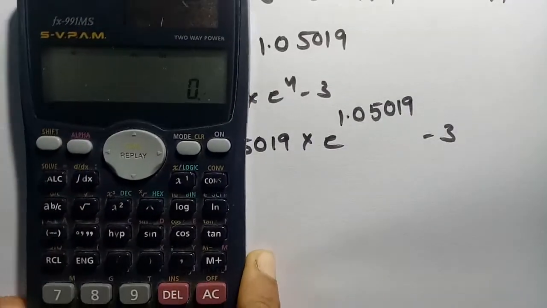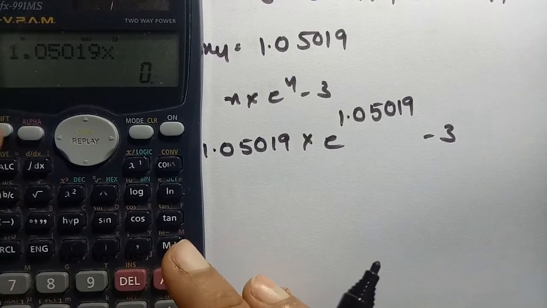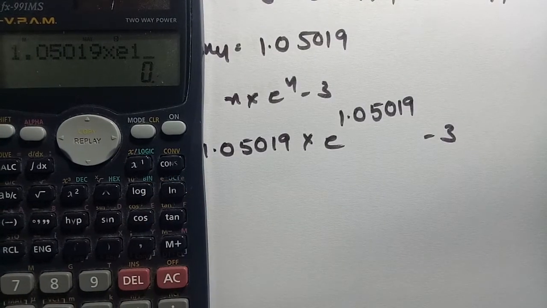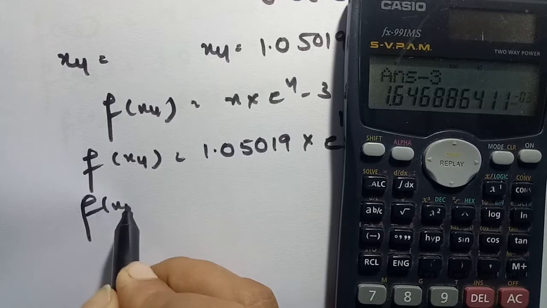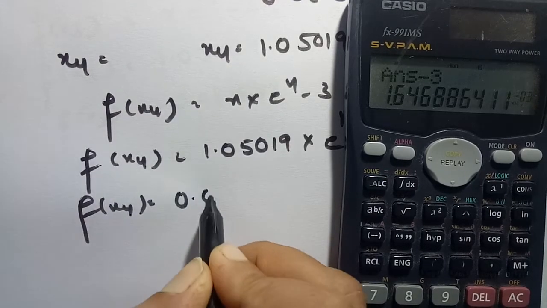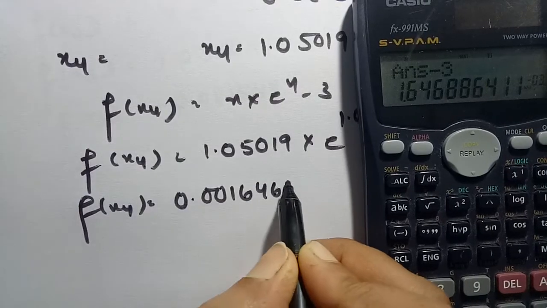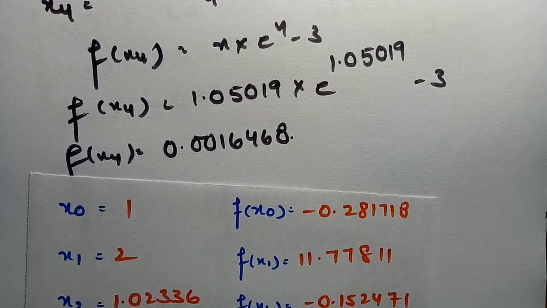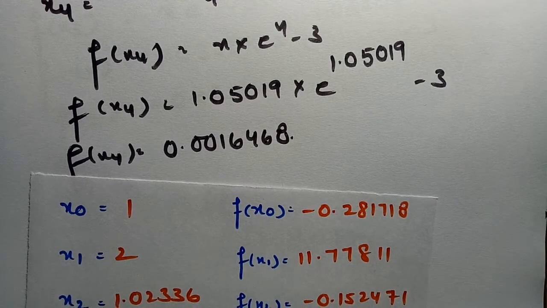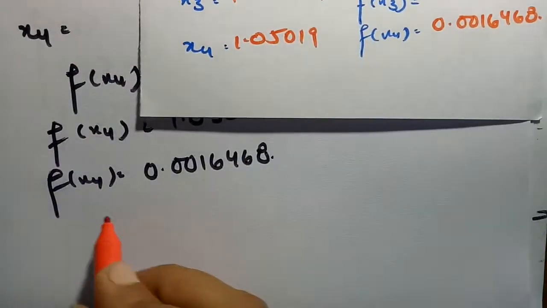If I use this calculator, then 1.05019 into shift e power 1.05019 minus 3. So the value here, f of x4, is 0.0016468. So again I got the value of x4 as well as f of x4, that is 0.0016468. So again I have to go with x5.